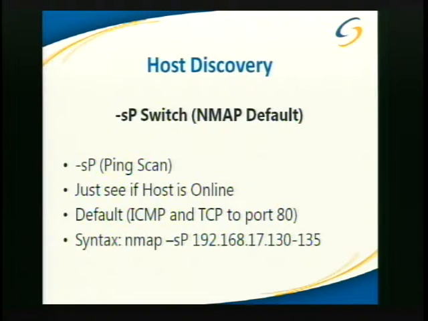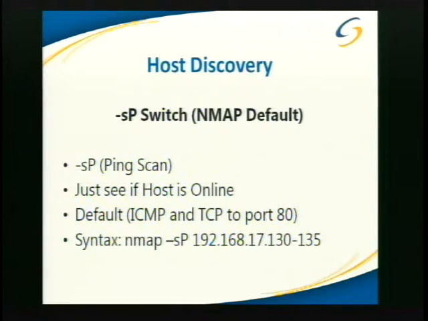And then finally, the default host discovery option is the -sP switch. So if you don't specify a switch when you're performing an Nmap scan, it's going to automatically try to use this -sP switch. -sP is a ping scan. It's just seeing again if the host is online. It's going to do this by default.